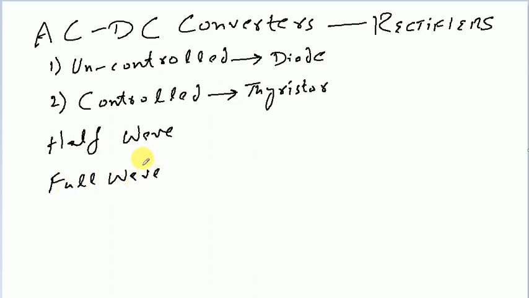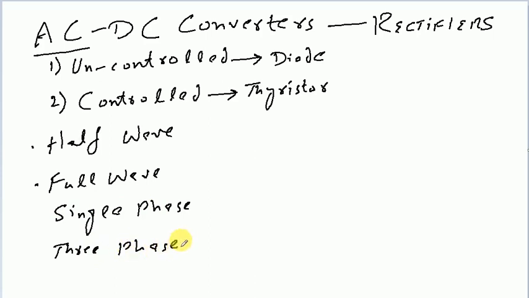Since in this case we are having AC voltage available on the input side, another classification could be whether we are using a single phase voltage source or a three-phase voltage source. So these are the different ways according to which we can classify the AC-DC converters or rectifiers.